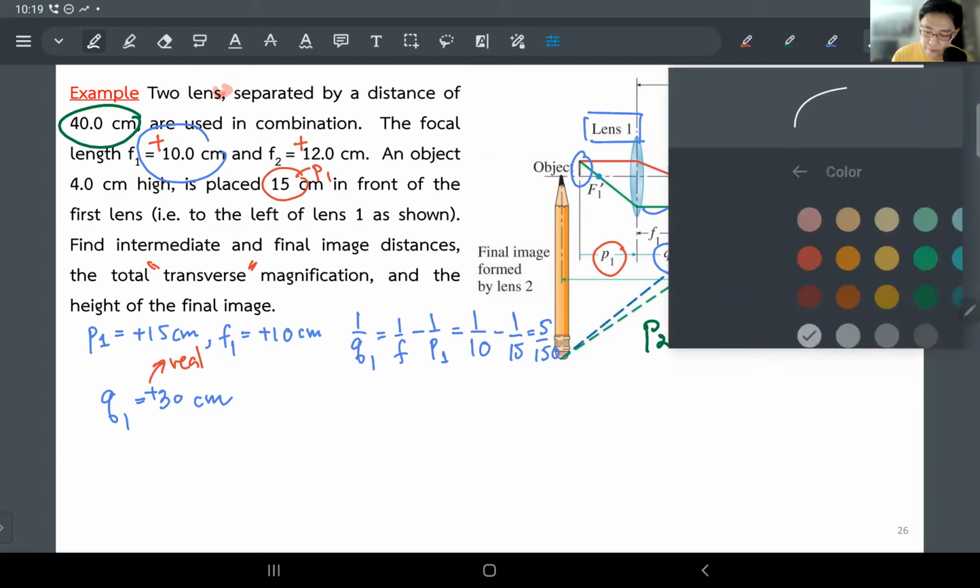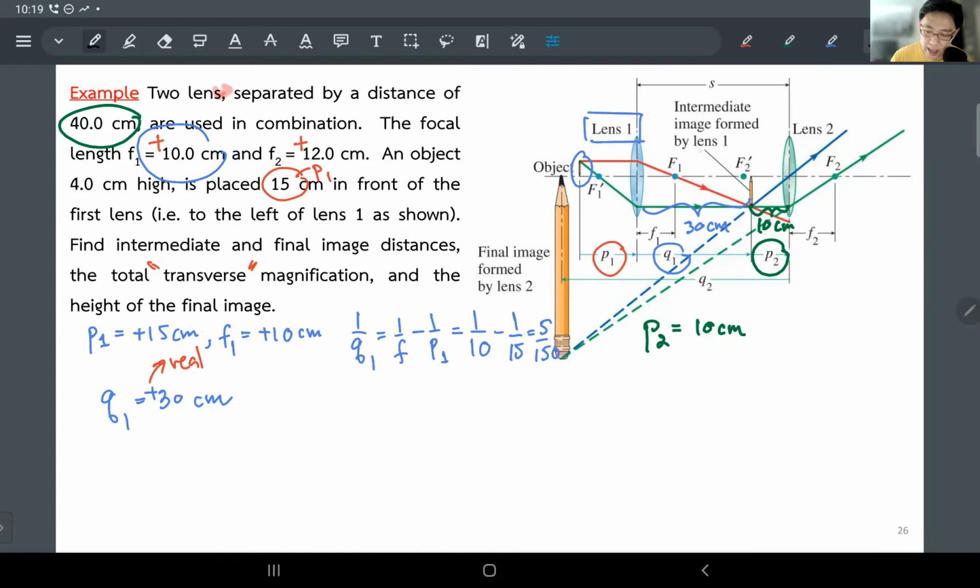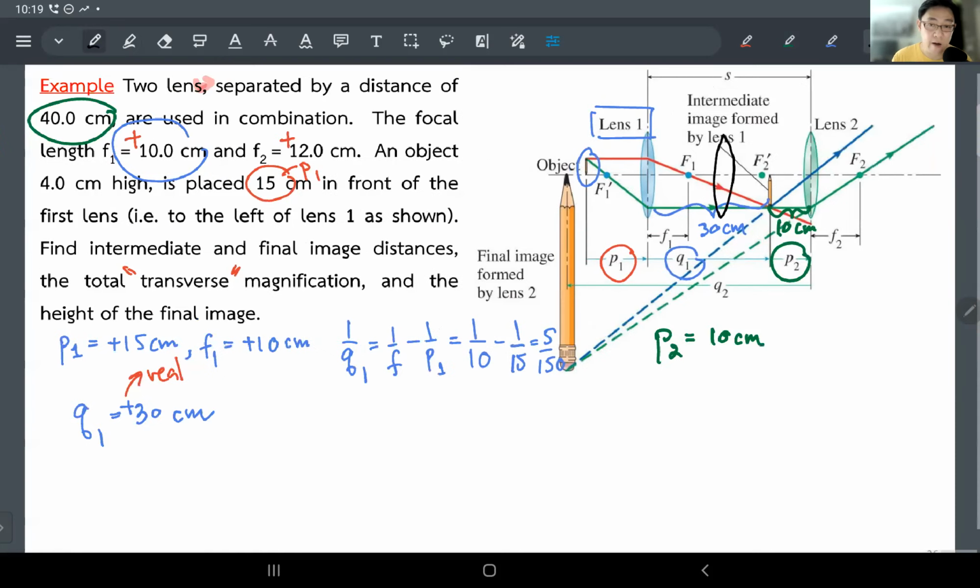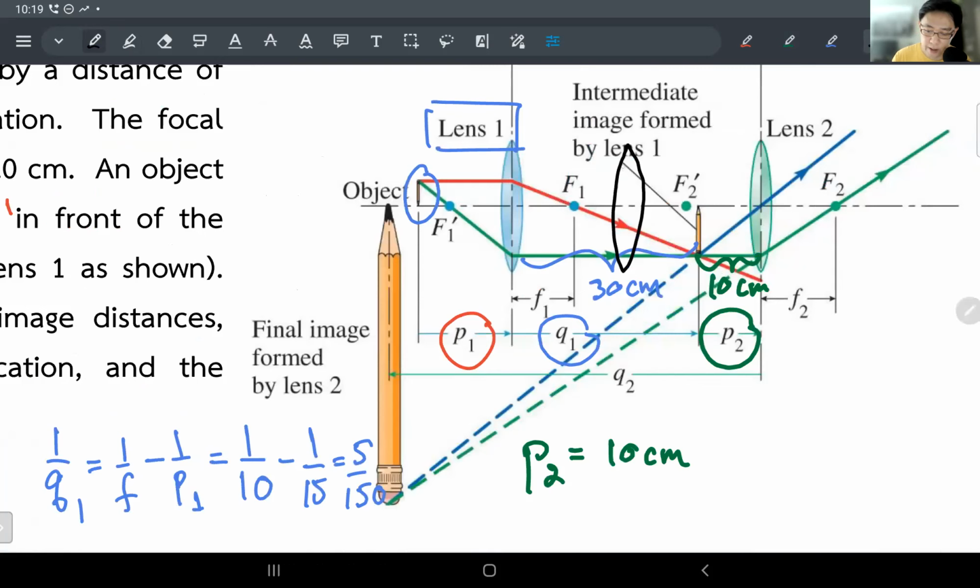Let's say my lens number two just happens to be somewhere here. See that? Okay. So if somehow my lens number two is showing up here, you can see that the image from the first lens already appears behind lens number two. So as you can see now, your object location will be here.